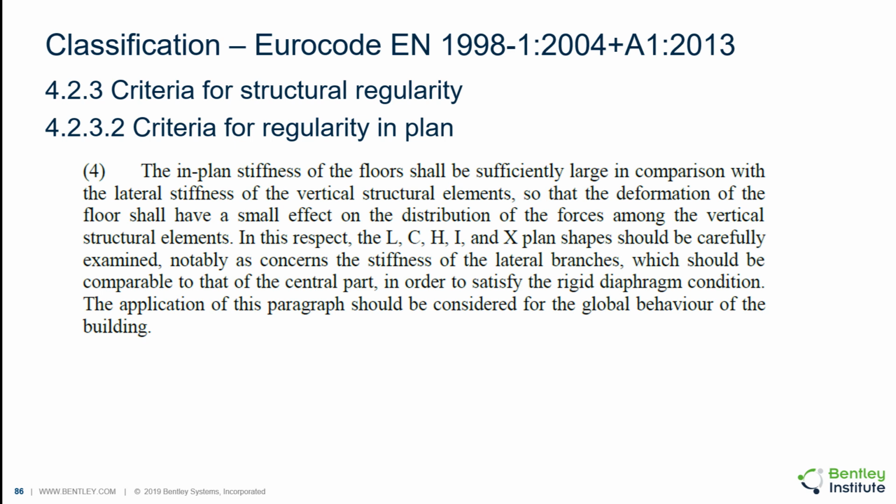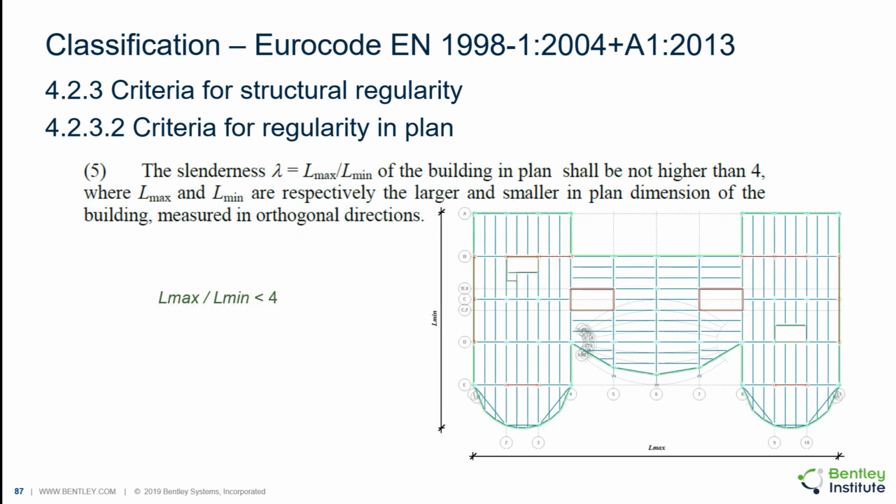The fourth item is also subjective, the intent of which is to eliminate buildings with distinct wings from consideration of regularity. It requires that the diaphragm stiffness be sufficiently large compared to the stiffness of the frames, such that the diaphragm deformations have little impact on the distribution of the forces to the frames. The fifth item limits the aspect ratio of the floor plan to 4 in order to be considered regular.